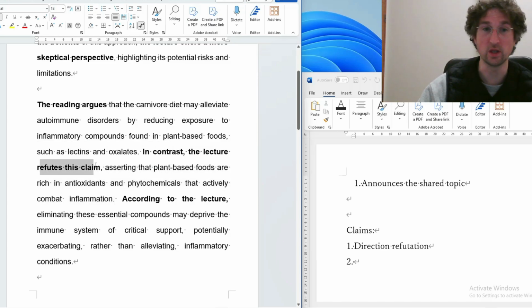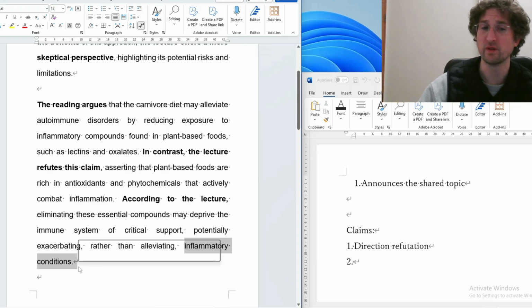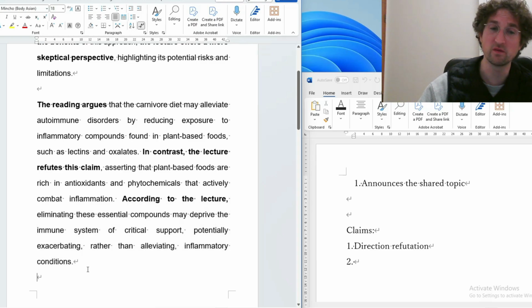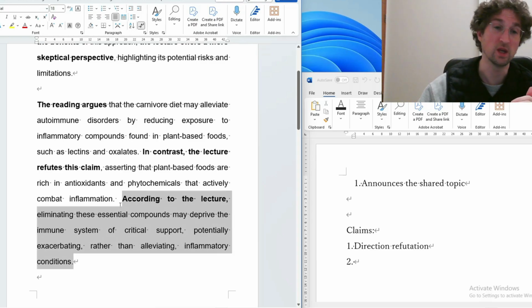They're refuting the claim. According to the lecture, eliminating these essential compounds may deprive the immune system of critical support, potentially exacerbating rather than alleviating inflammatory conditions. In other words, you think you're trying to help by removing plant-based foods, but actually you could be doing more harm than help.